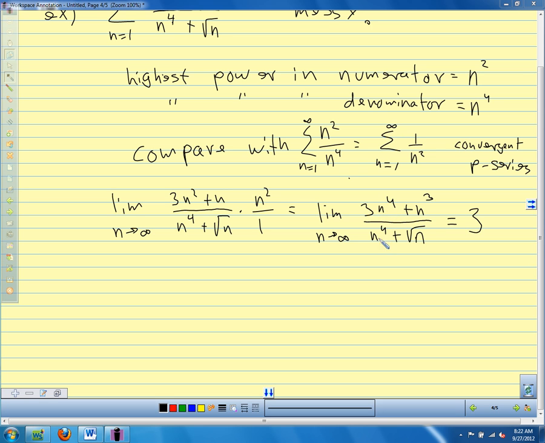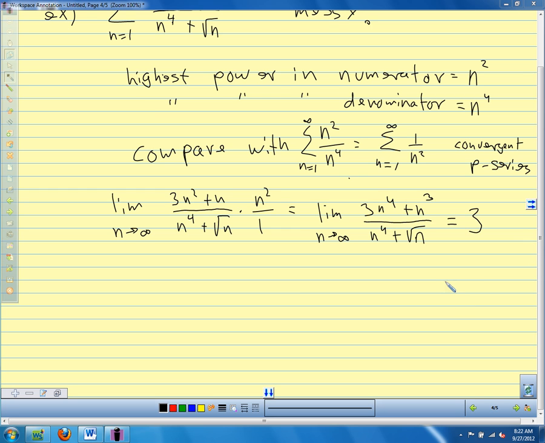So I get 3 plus 1 over n in the numerator, and 1 plus square root of n divided by n to the fourth, whatever that is as a rational power, and take the limit as n approaches infinity, and all that's left is the 3 in the numerator and the 1 in the denominator. So that's another way you can analyze limits like this. Divide everything in the numerator and denominator by the highest power of n, and then take the limit. And that works nicely also.